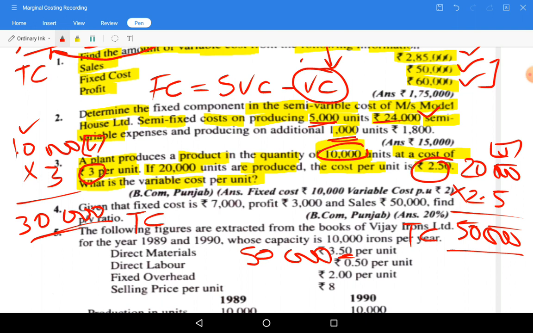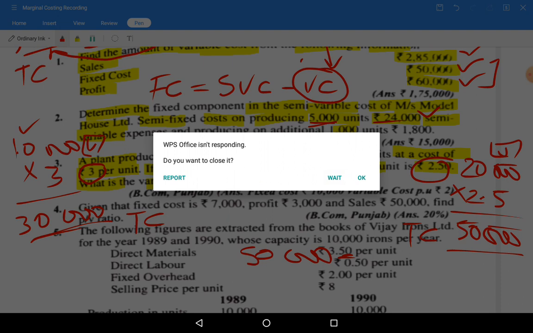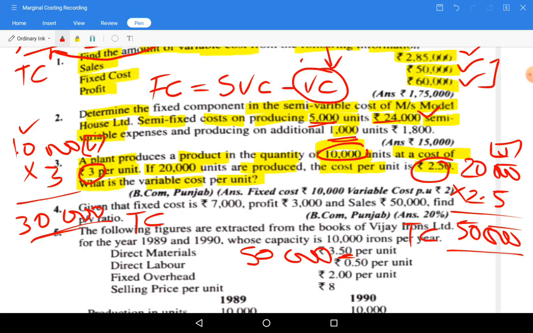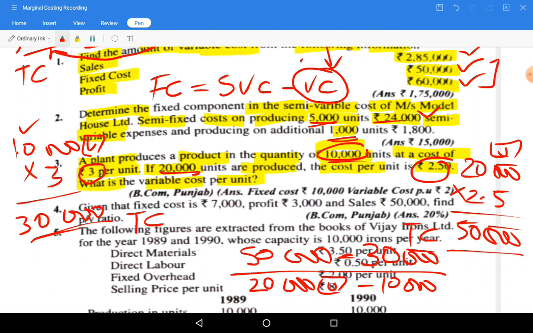What is the formula? Change in cost divided by change in units. 50,000 minus 30,000 divided by units. Here units are 20,000, here units are 10,000. So 20,000 units minus 10,000 units.